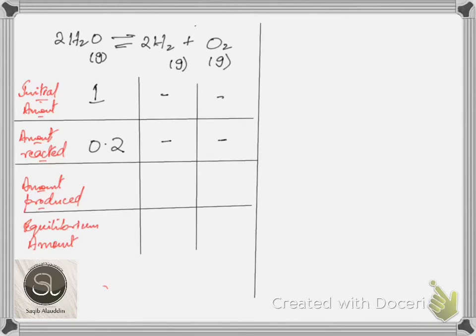So what happens now? See the ratio. You understand that the ratio is 1:1. So if 0.2 moles of H2O reacted, we would expect 0.2 moles of hydrogen to be produced, because 2 moles of water when reacting form 2 moles of hydrogen.